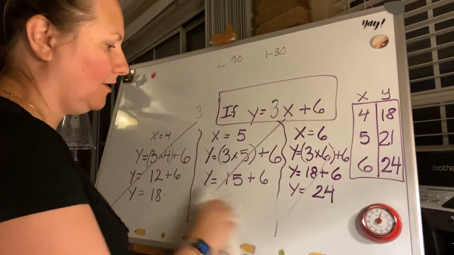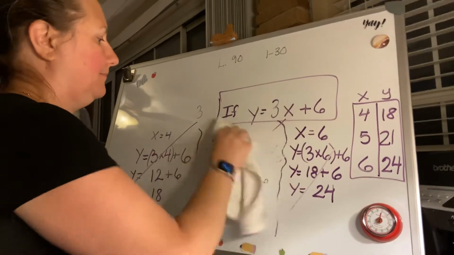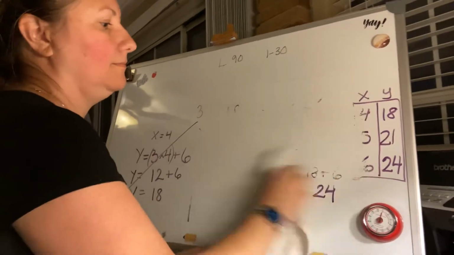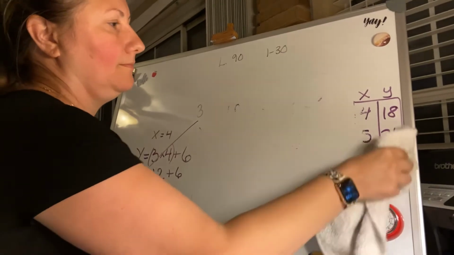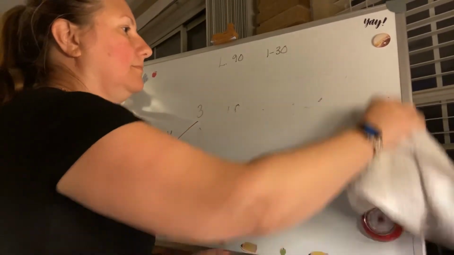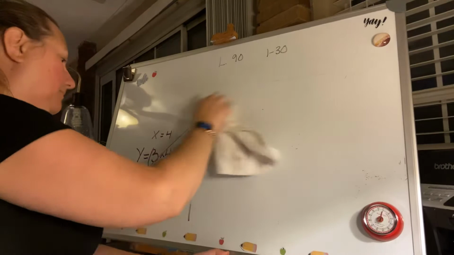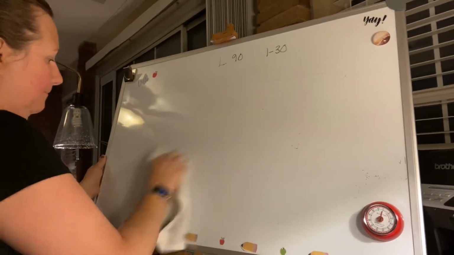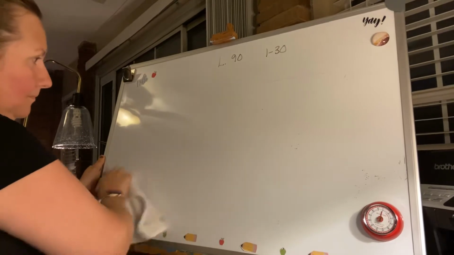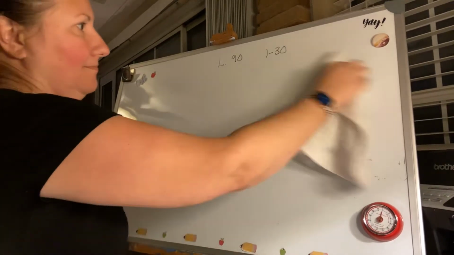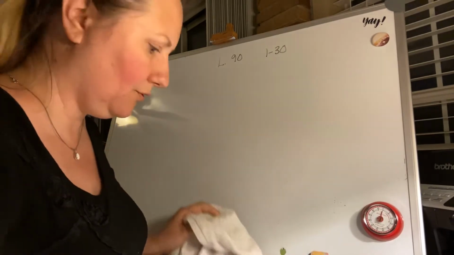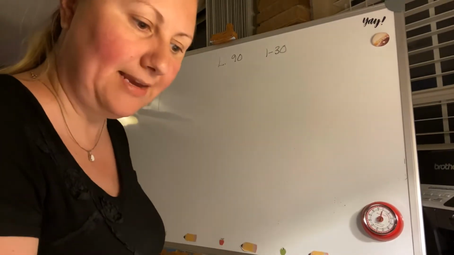Go ahead and get started if you are ready. There sure is a lot to erase this time. Okay, and you're doing all the problems with me, so you're writing everything I write.